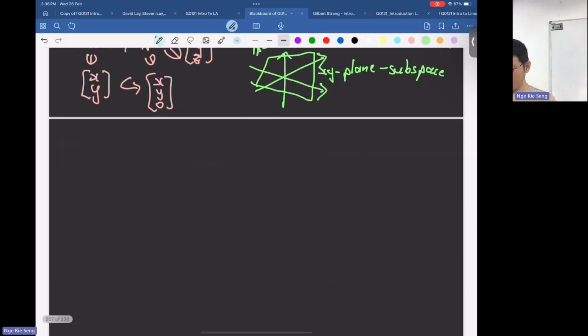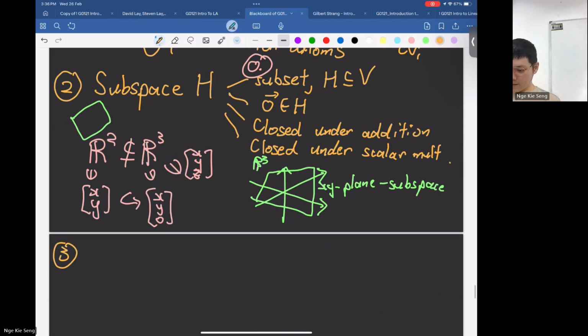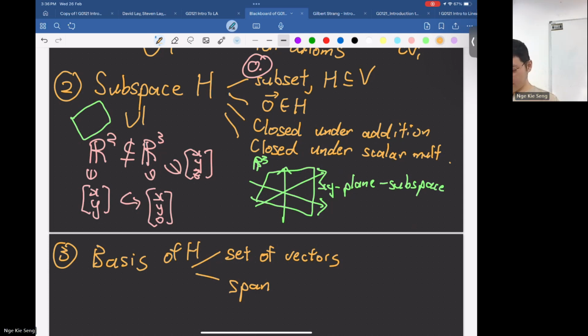So the next part is to look for a basis. A basis is a set of vectors that span. So span who? You need to say find a basis for who first. Basis of H must span H, and then they are linearly independent.